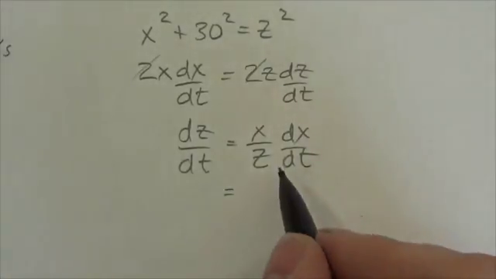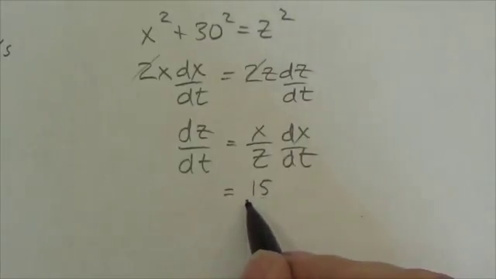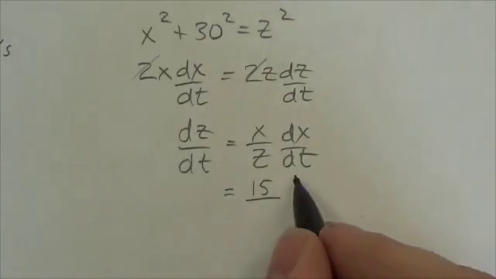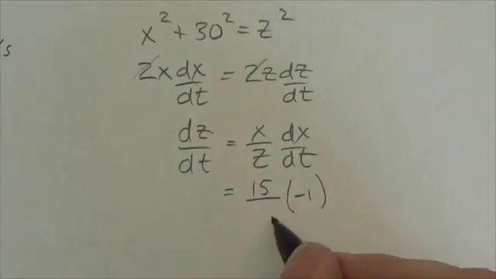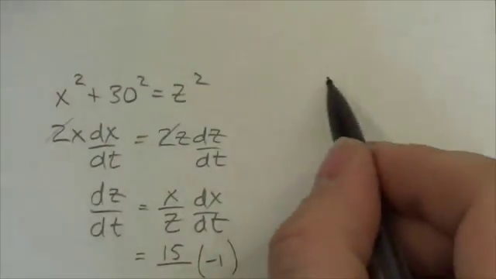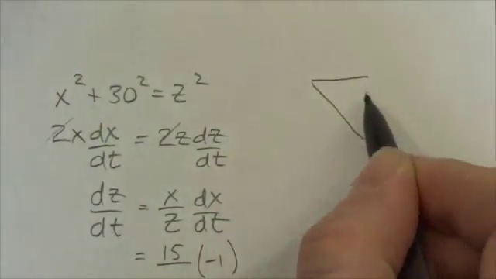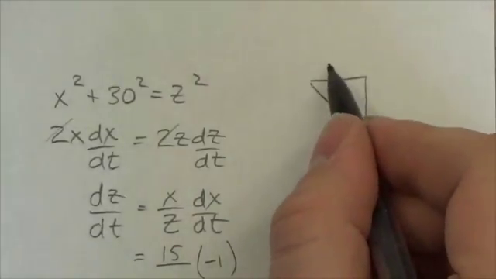Now, we know that x is going to be 15 centimeters. We know that dx by dt is -1. What I don't know is what z is at this particular moment. So I have to look at my triangle here. I know that this is going to be 15.